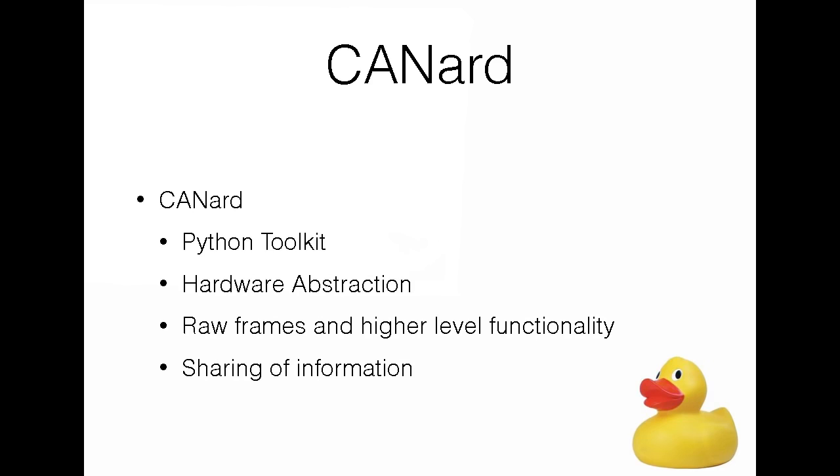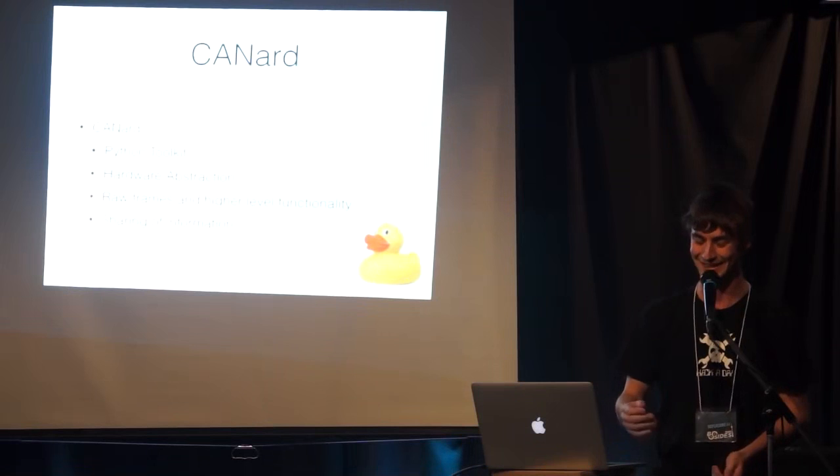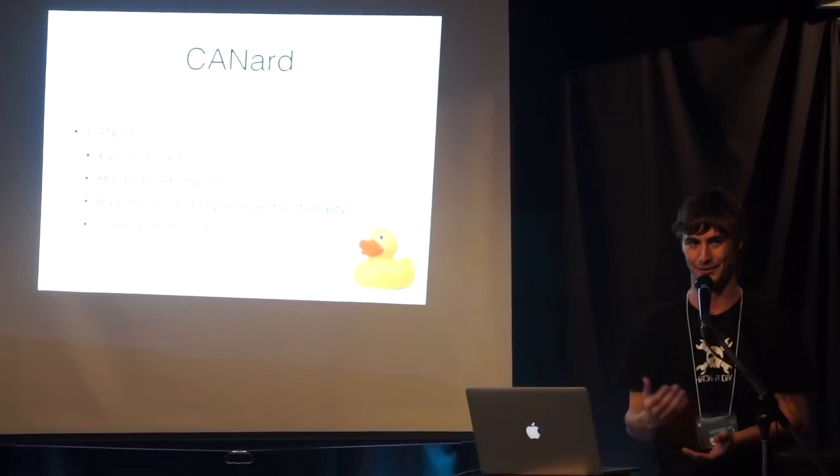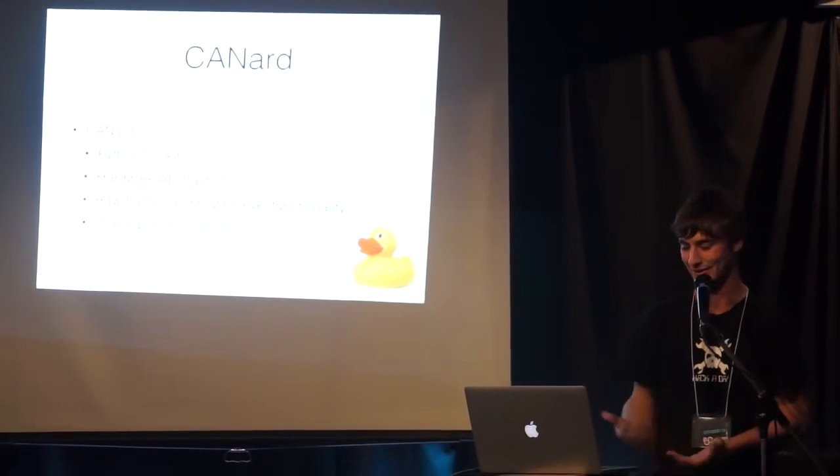So that's the main idea, to do that and then build on top of it to do these protocols, but have it be hardware agnostic, and also let people actually share information. Like if you suddenly discover that bits 13 to 19 on CAN identifier 0x137 on your, I don't know, 2008 GM whatever car is this message, you should be able to tell people that in a way where they can then take that information and do something with it.